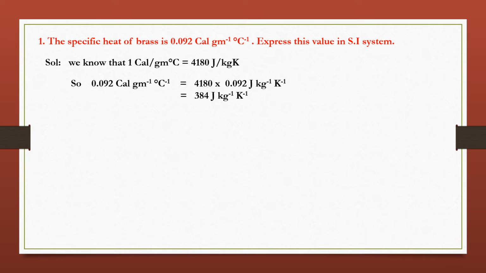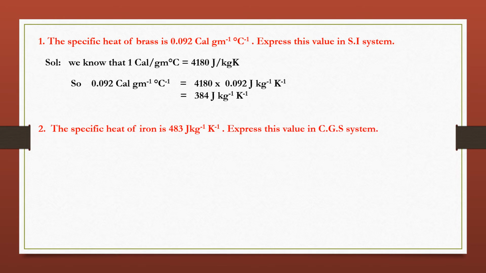Let us see one more problem. The specific heat of iron is 483 joule per kg per Kelvin. Express this value in CGS system. This time the value is given in SI system and we need to convert it into CGS system. We know that 1 joule per kg per Kelvin is equal to 1 by 4180 calorie per gram per degree Celsius.